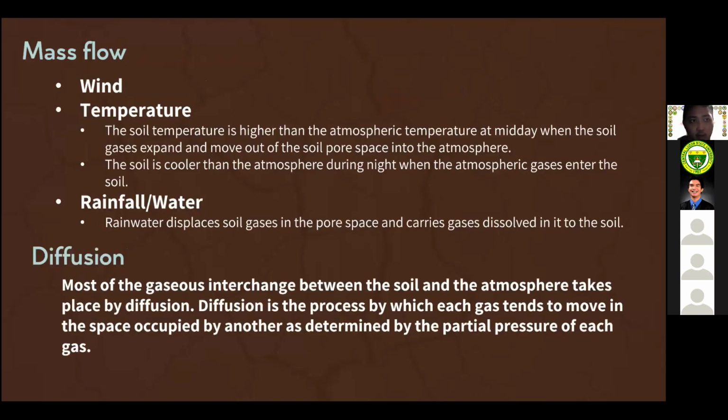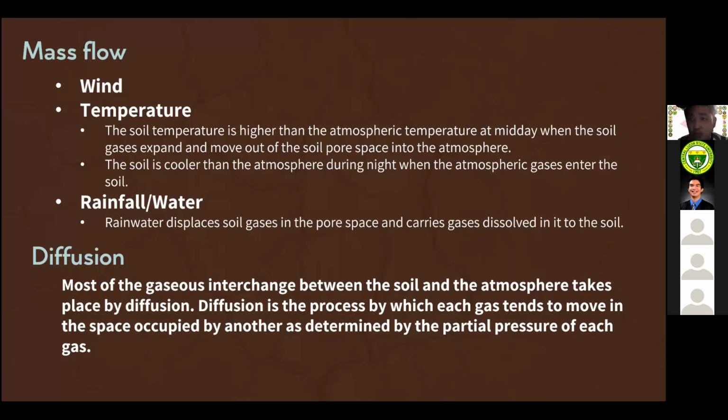When we say mass flow, it can either be through wind, temperature, and or rainfall or water. So yung wind natin, of course, pagka nahanginan yung lupa natin, there may be barometric forces na magkakaroon na yung soil air natin is mapalitan ng air from the atmosphere.